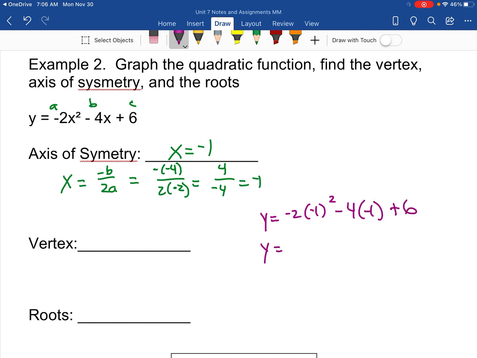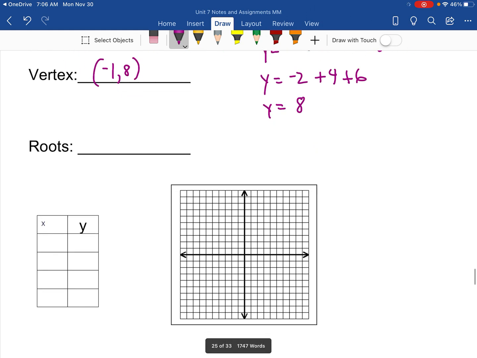Negative 1 squared is positive 1 times negative 2 is negative 2. Minus a negative, this would be a positive 4 plus 6. 4 plus 6 is 10. 10 and a negative 2 is 8. So y is 8 when x is negative 1. Okay, so my vertex is negative 1, 8.